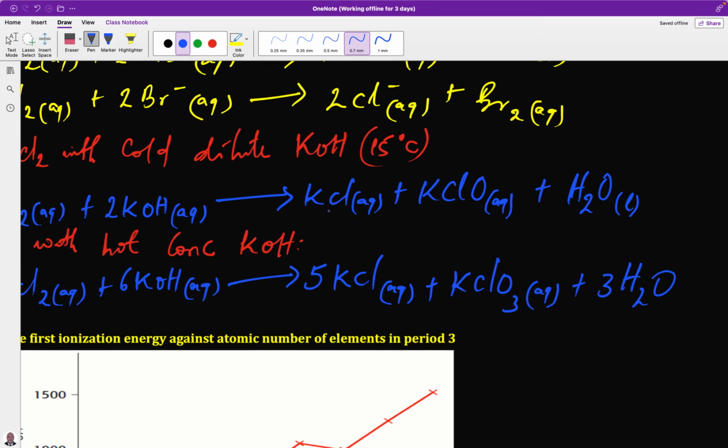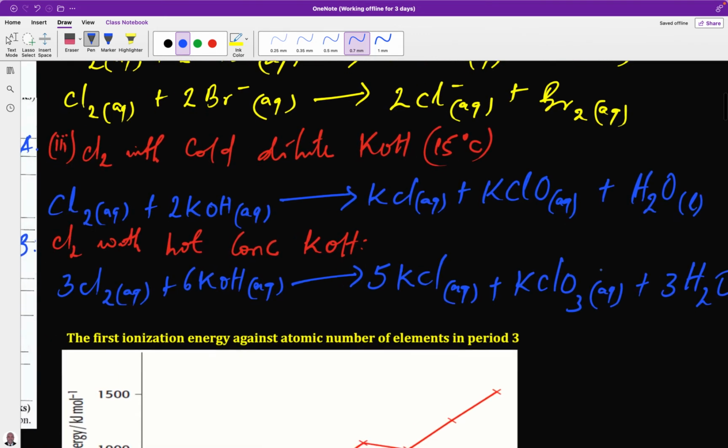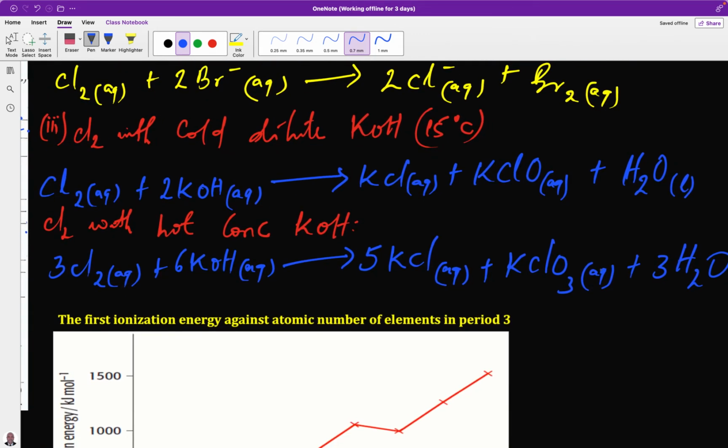We co-dilute. See the change here, and see the change here. So you now see that there is a change there. So that is what is being produced with hot concentrated potassium hydroxide. That is what is being produced.